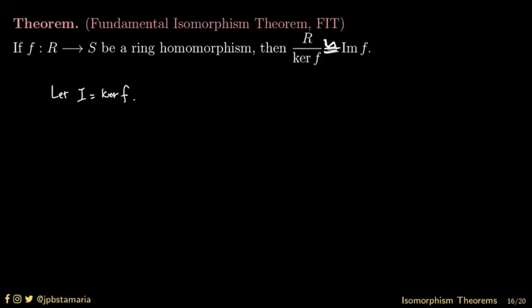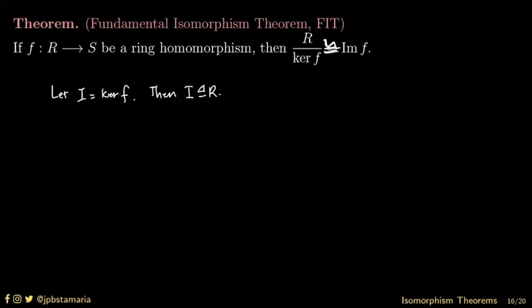Anyway, it's an ideal of R. Alam na natin yan. No? Kaya kung nabanggit na si I ay ideal, pwede mong kunin talaga yung R modulo I. Otherwise, hindi mo pwedeng gawin yung quotient ring nang wala kang information kung ideal ba si I. Kailangan yun ay provided. Okay?